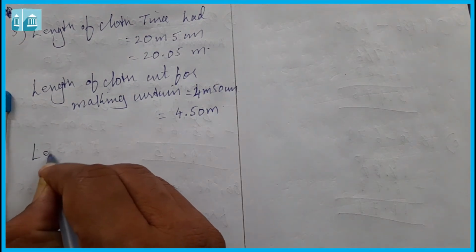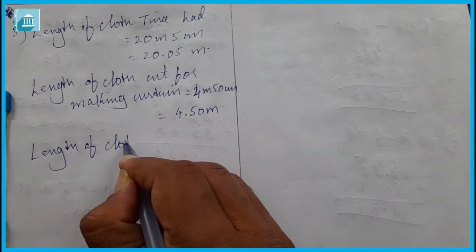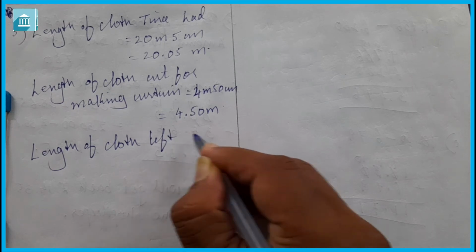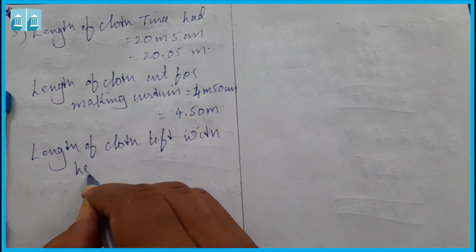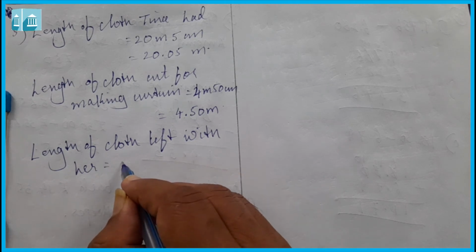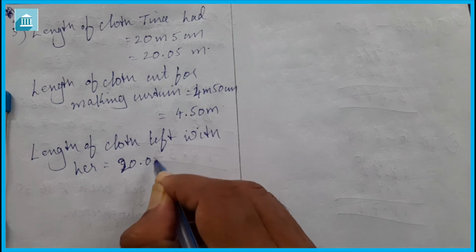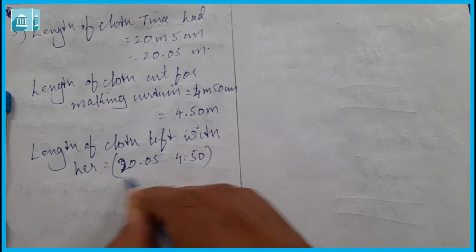Now what cloth is left with her? So we can write the length of cloth left with her is equal to 20.05 minus 4.50 meter.